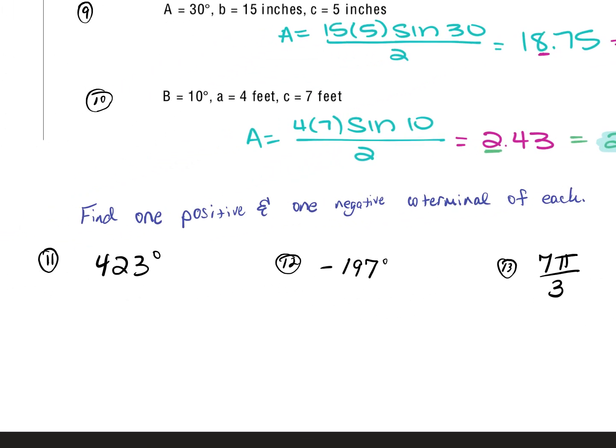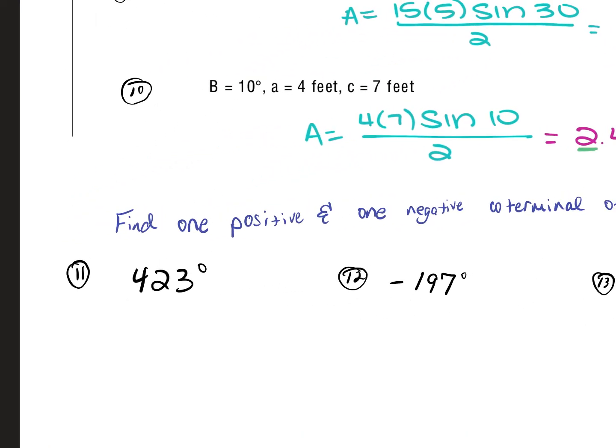For number 11, you're given 423 degrees. So we're going to take this 423 degrees and we're going to add 360 to it. That 423 plus 360 gives us 783 degrees. That one is just your positive coterminal angle. You still have to find your negative coterminal angle.